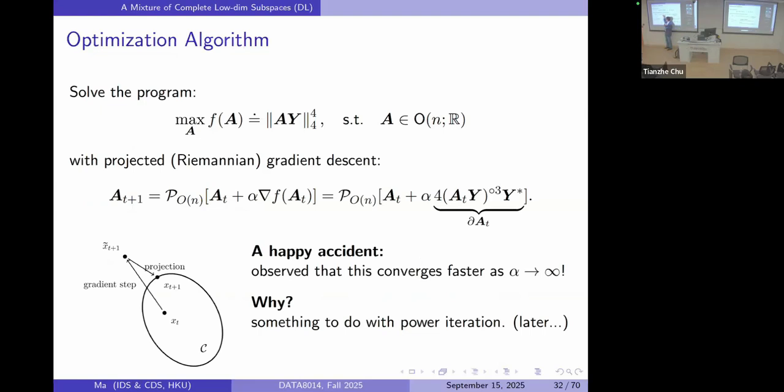But once you add this step, it's no longer orthogonal, right? No longer orthogonal. What do you do? You project back. Normalize it. You make the matrix orthogonal again. How do you normalize the matrix?